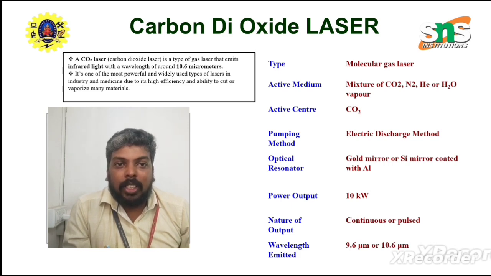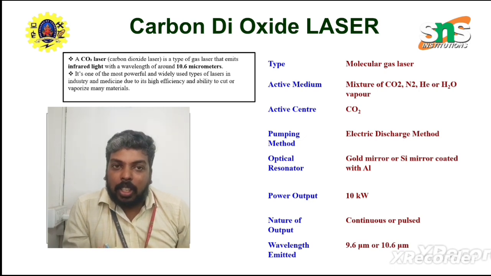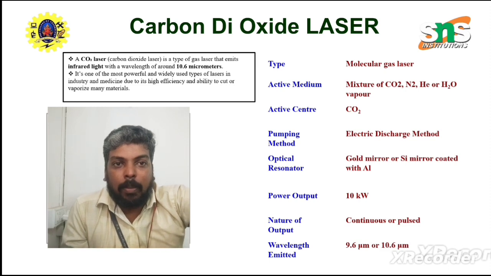The optical resonators are fitted at the two ends of the device: one is a partially reflecting mirror and one is a fully reflecting mirror. A gold mirror or a silicon mirror coated with aluminum is used for this carbon dioxide laser. The power output is high, about 10 kilowatts. The output is a continuous wave laser, or pulses can be made.